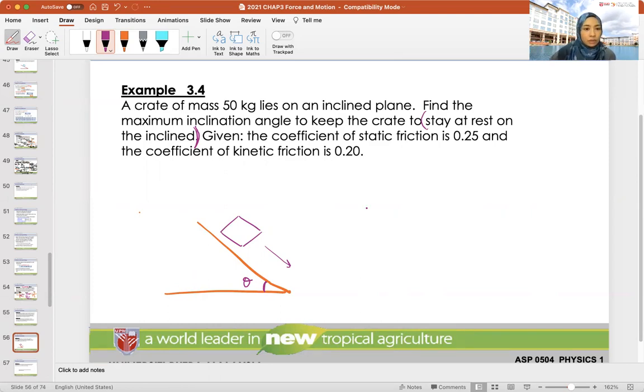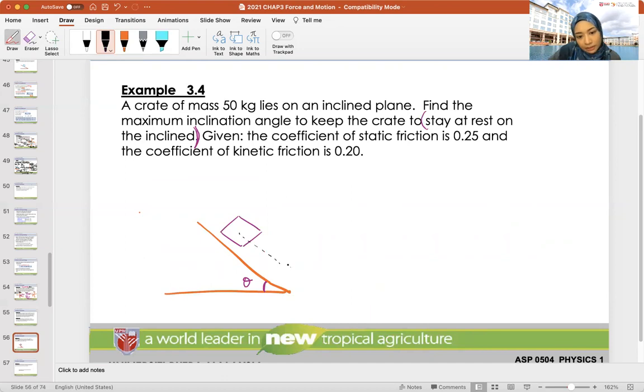We label our x-axis parallel to the motion. This will be our x-axis. And what is the perpendicular component to the motion? It will be y. Even though it's not moving, we want to know what is the tendency of the motion. So that is our x-axis. So let me draw that.